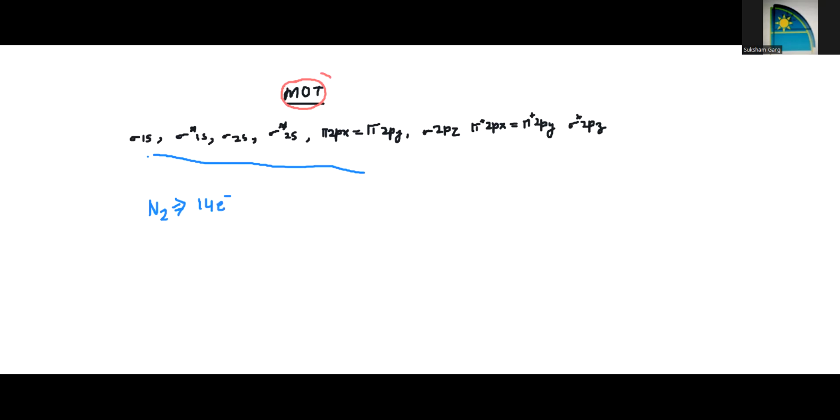This is the molecular orbital electronic configuration. What we are going to do is fill 2 electrons in each orbital and see what happens. So we go sigma 1s 2.